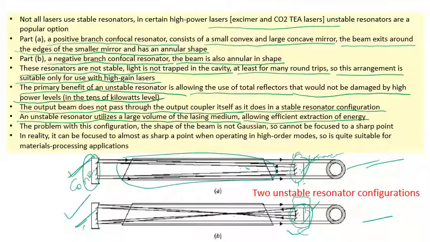So what exactly is the problem with this cavity? You can see the problem with this configuration: the shape of the beam is not Gaussian. It's not the round shape which we need. This is one of the problems.